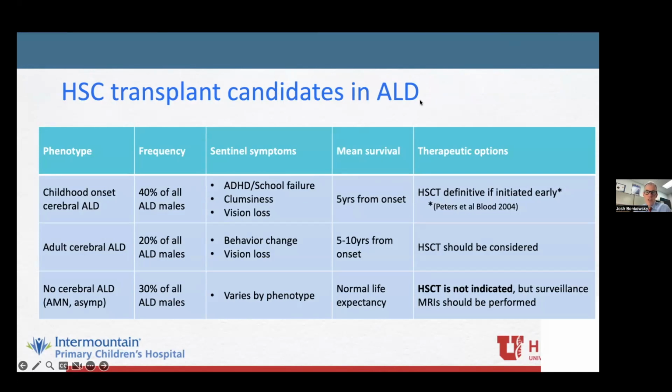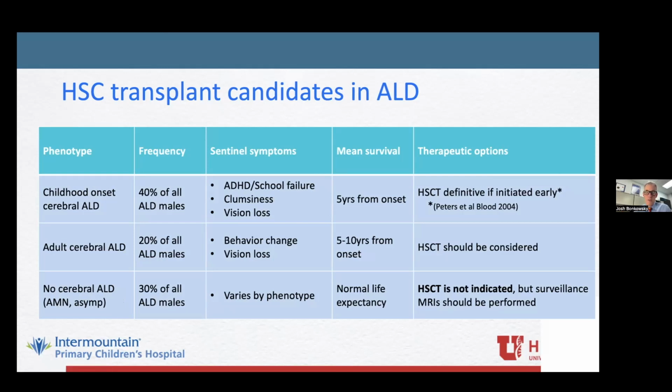With adult cerebral ALD, it's a little bit more controversial. It should be considered, but the data is not there for really knowing who the best candidates for transplant in adult men are. And for men who have AMN but no cerebral ALD, bone marrow transplant is not indicated.